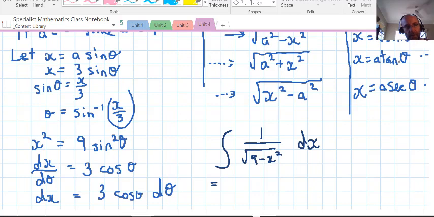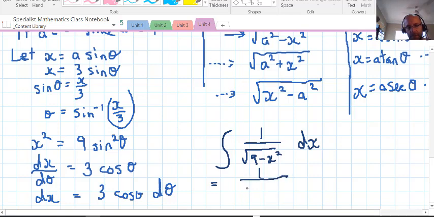We can use all of that stuff we've just developed and make a substitution into the question we're doing. Instead of x, we've got 3 sine theta. So we've got under here 9 minus 9 sine squared theta, and that has the square root taken.